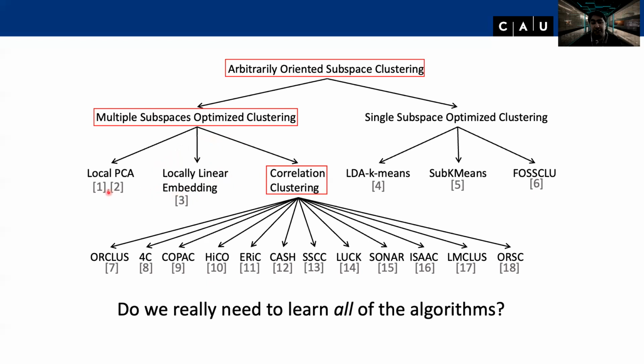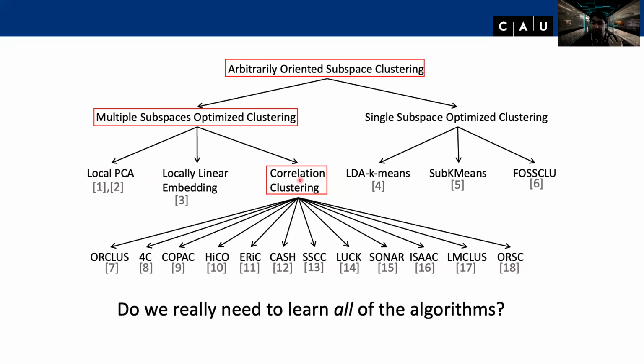It is interesting here, and I emphasize this, because you see the whole topic of arbitrary-oriented subspace clustering evolved independently from different motivations. Here the motivation was to approximate nonlinearity. Here the motivation was in general to learn manifolds, which is also done by linearly approximating a nonlinear manifold. And here, correlation clustering, as you see, there's a plethora of different literature, and these were originally developed to actually find clusters.